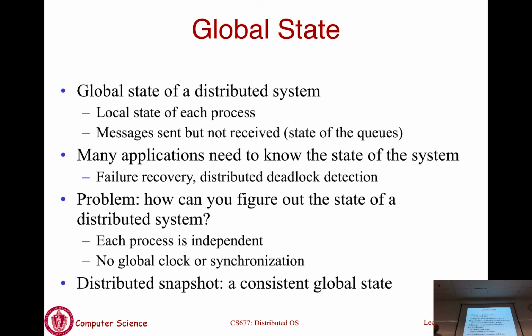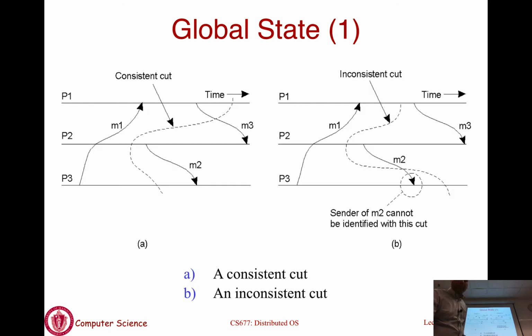We are going to assume that you do not have perfectly synchronized clocks in your distributed application. Every process is independent; they can communicate, but they are independent. There is no global clock. So, we want to still capture a distributed snapshot, and I talked about what is a consistent snapshot and what is not.